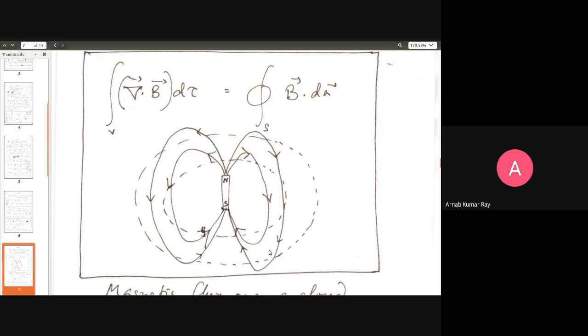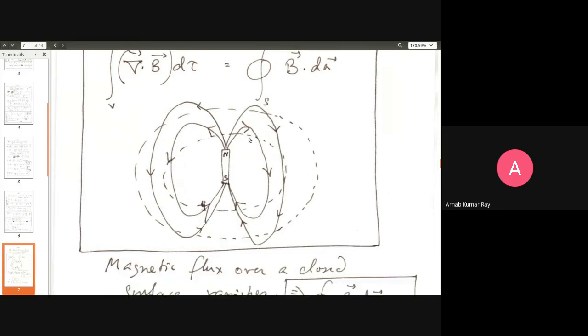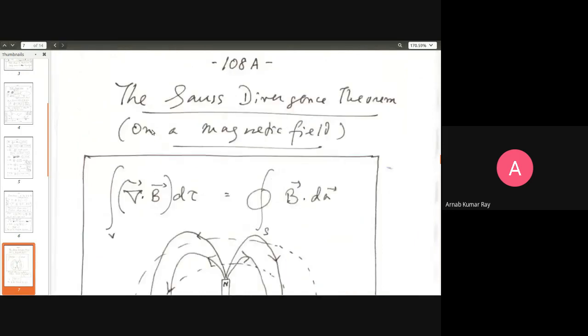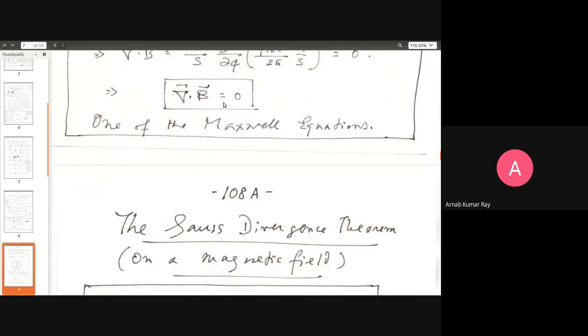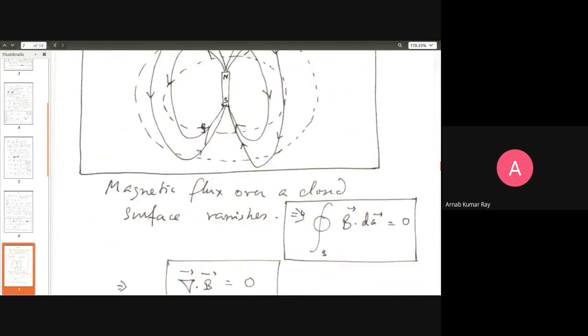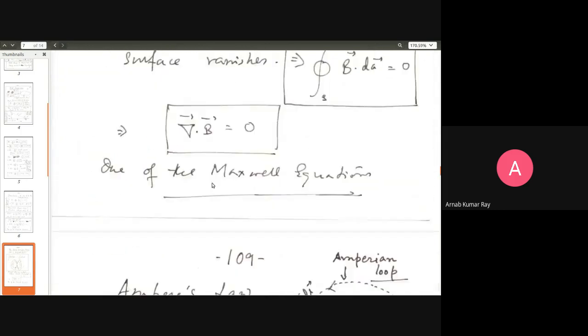You draw a surface, an imaginary Gaussian surface here, and then you will see that since divergence of B is equal to 0, the magnetic flux over a closed surface vanishes. The closed surface integral will also be equal to 0. If that is so, how do you reconcile this understanding with the geometry of the system? It is happening because divergence of B is equal to 0.